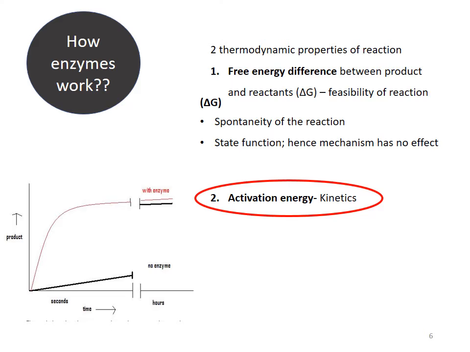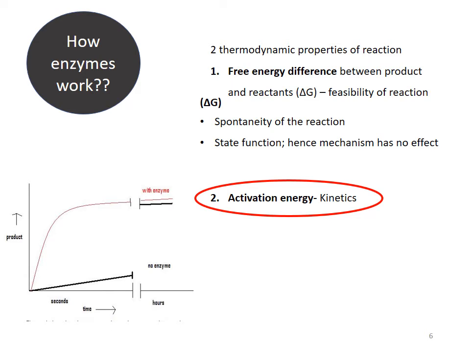The products and the reactants will have a difference in free energy, a difference in enthalpy, etc. This difference in free energy can be used to calculate whether a particular reaction that we are trying to do is feasible or not. If the difference in free energy between the products and the reactants is negative, then we say that the reaction is spontaneous and can be easily done.